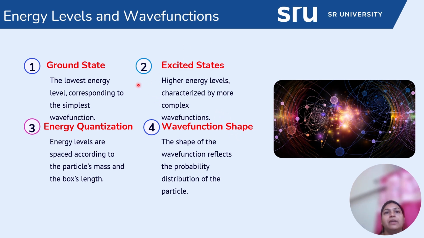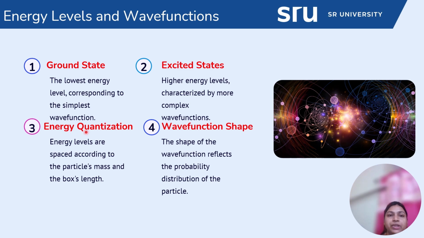It is the specific amount of energy a particle can have, and the wave function is the mathematical function that describes the probability of where the particle is likely to be. The ground state is the lowest energy level, corresponding to the simplest wave function, and excited states are higher energy levels characterized by more complex wave functions.